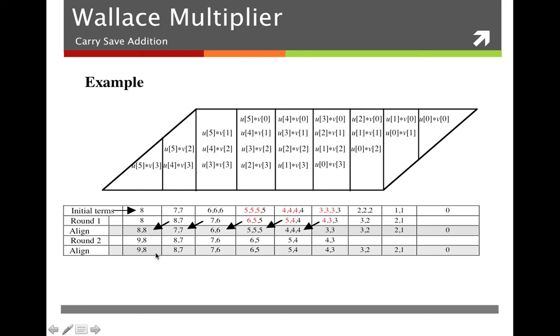You can view this as basically some coding of a product in terms of two numbers that still have to be added together. And the first number is going to be this number here, 9, 8, 7, 6, 5, 4, 3, 2, and then 1.